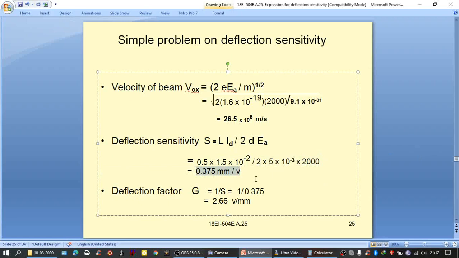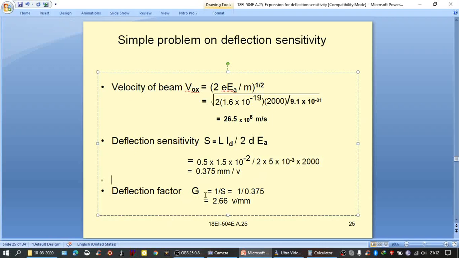That is the deflection of the electron beam on the vertical screen, or else the vertical deflection of the electron beam on the CRO screen for unit vertical deflection voltage is 0.375 millimeters.